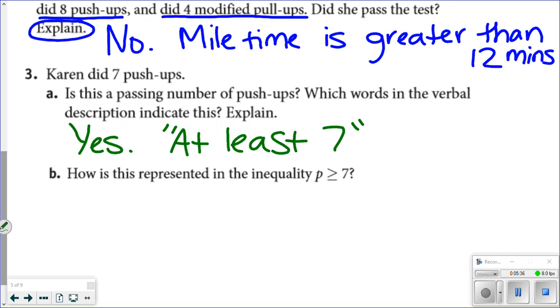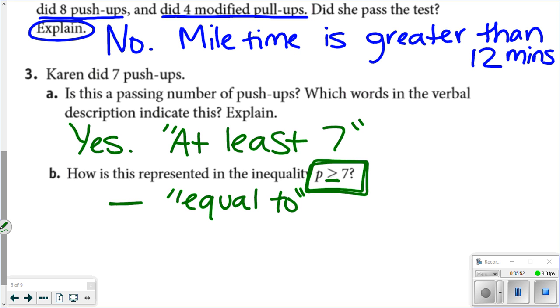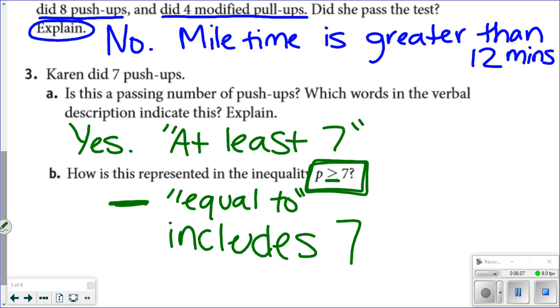And if we're looking at our inequality, how do we know from this symbol that 7 is a passing number? Well, this equal to line underneath in our symbol means or equal to, and that means that 7 is included as a solution. So because of our sign, we know that 7 is included. It's an answer.